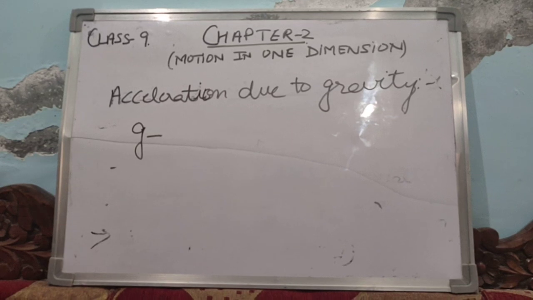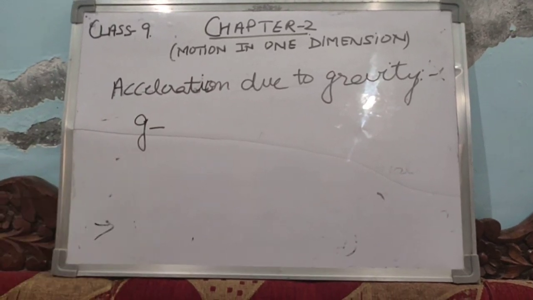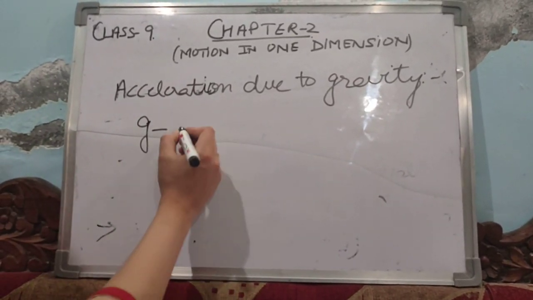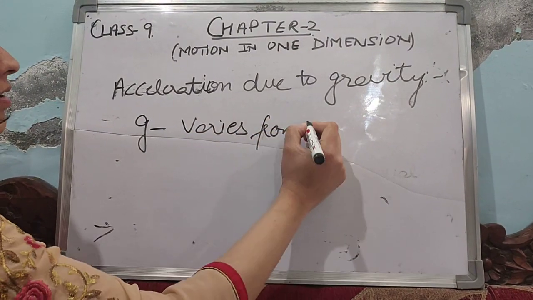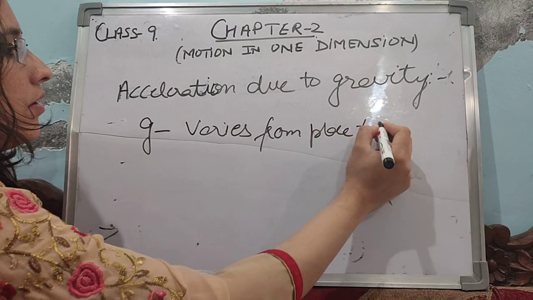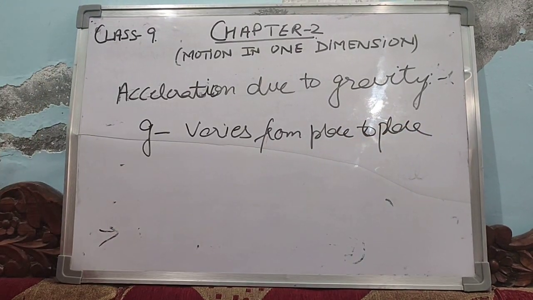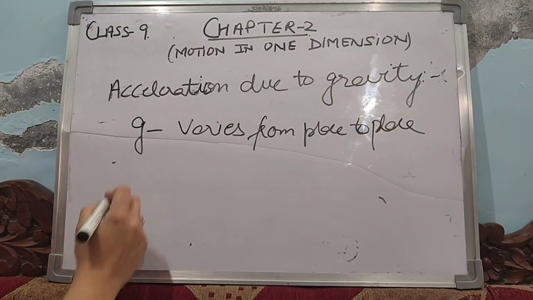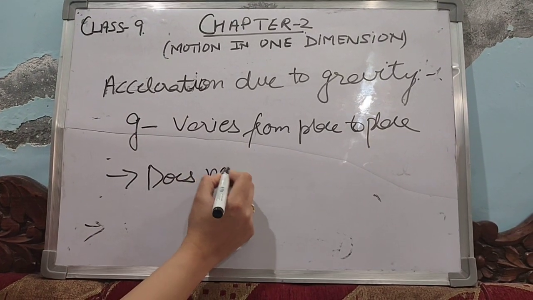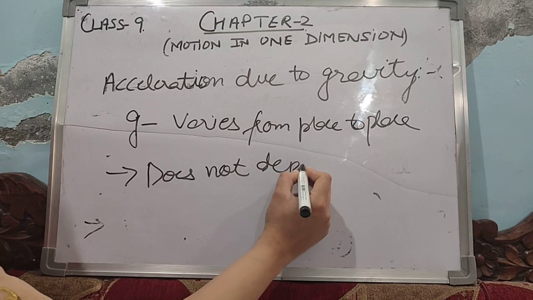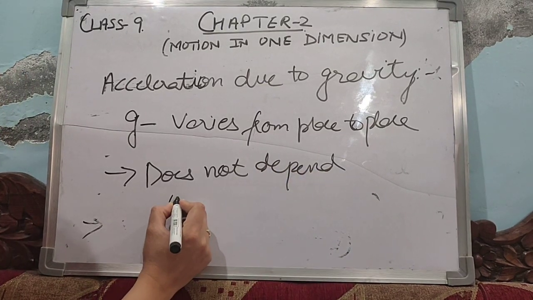Dear students, the value of g varies from place to place, and it does not depend upon the mass of the body. So remember that g does not depend on mass of a body.